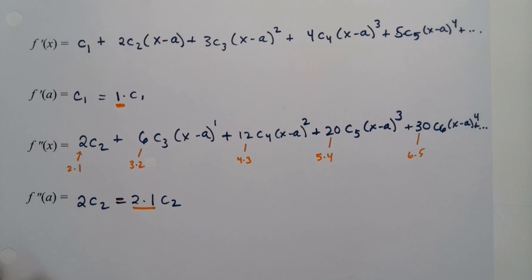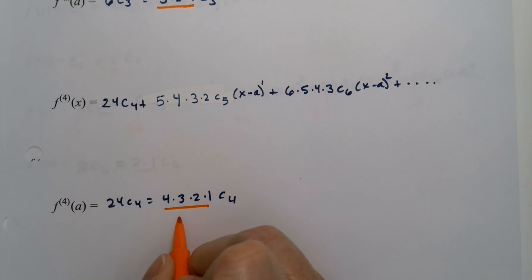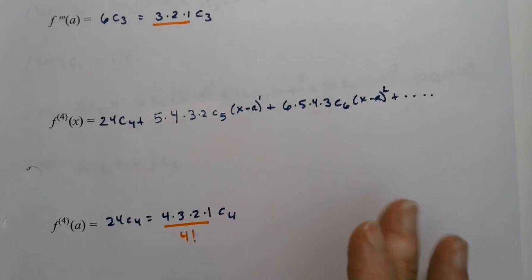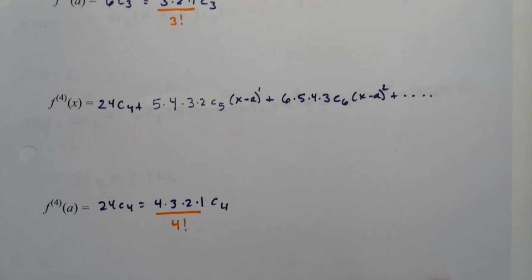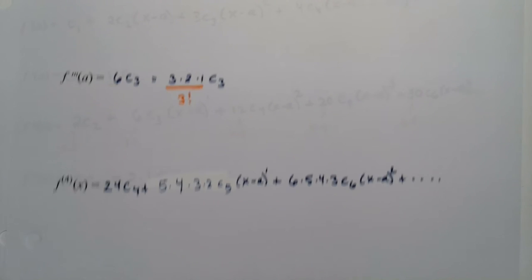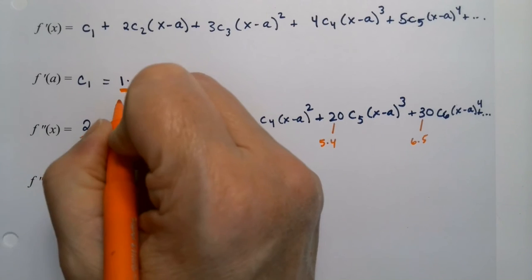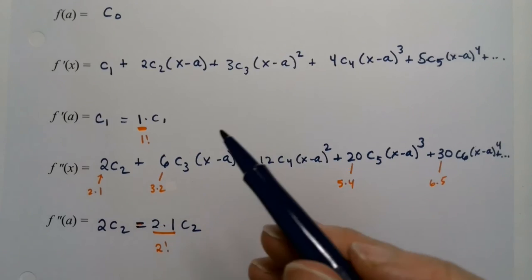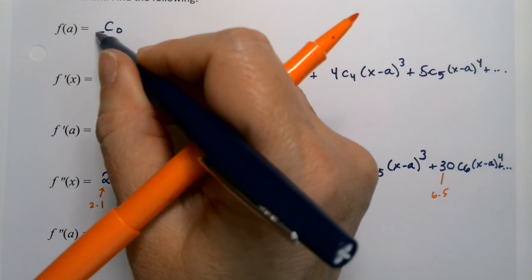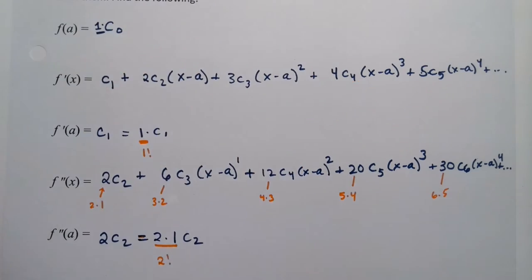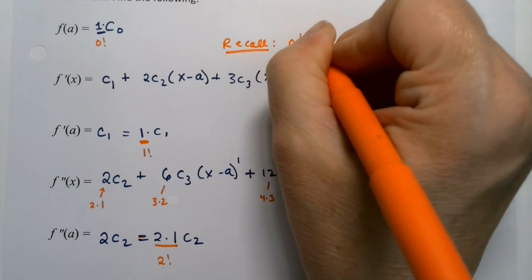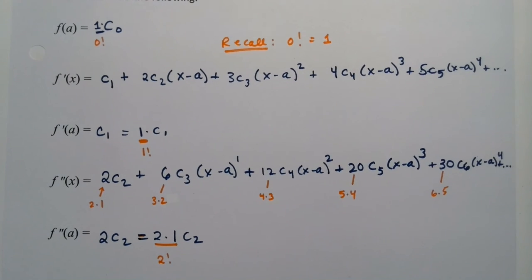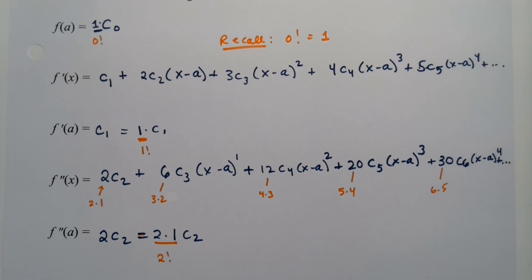Oh, but it does. The pattern, 4 times 3 times 2 times 1 is 4 factorial. 3 times 2 times 1 is 3 factorial. So 4 factorial, 3 factorial. And then this is 2 factorial. This is 1 factorial. And actually, here, this is 1 also, but 1 is 0 factorial, right? For a wide variety of reasons, not least of which is that we define it that way.